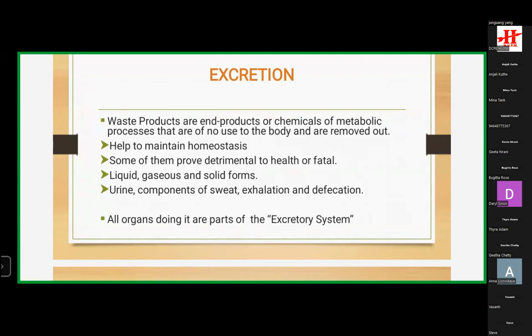If they get accumulated inside the body, it will become a house of various types of disorders and diseases. We will go into a disease state because of the accumulation of various excretory products. So to remove these excretory products, the system is made.